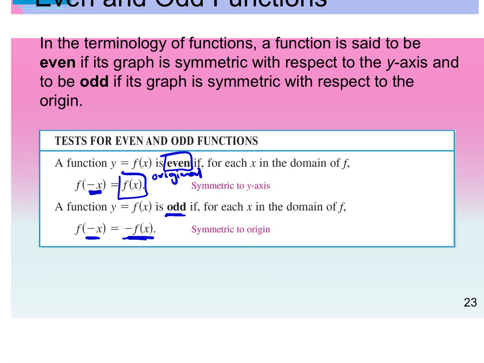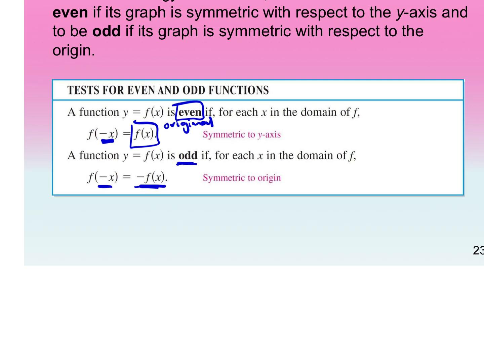Another way of doing this, other than the algebraic way of plugging in negative x, is to plug in a number and its opposite and test to see if it's even, odd, or neither, depending on your result. It could be any number, but I would say 2 and negative 2. It has to be any number other than 1, so the next easiest number to plug in would be 2 and negative 2.